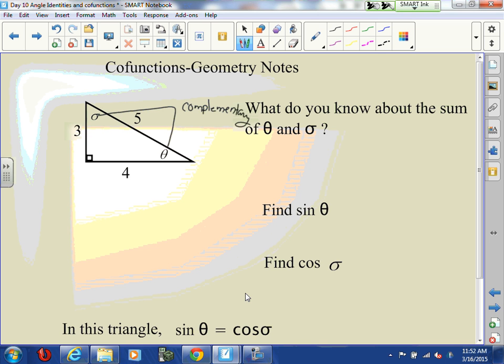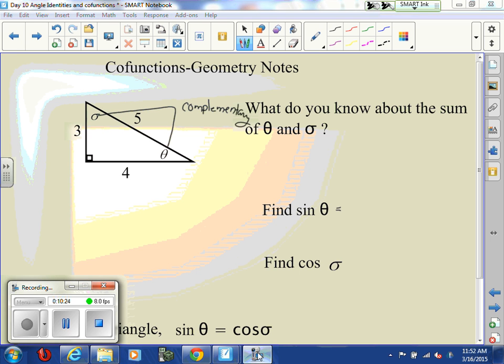Sine theta in this one is what? Using that triangle as value for sine theta. For which angle? Theta. Find sine theta. 3 over 5. Thanks. And what's cosine omega?